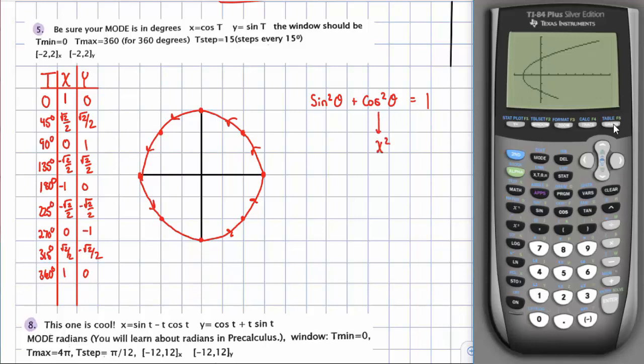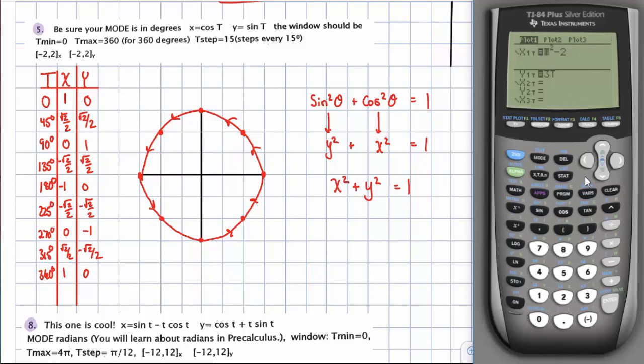Your sine of t, that is going to be your y, so we're going to substitute that for y squared. And if you think about it, you know your conic sections, that is a circle with a radius of 1, and that's the unit circle in parametric form. So that is your equation for that one.